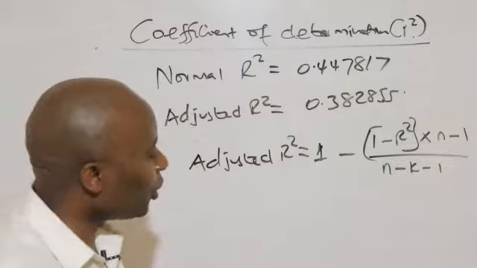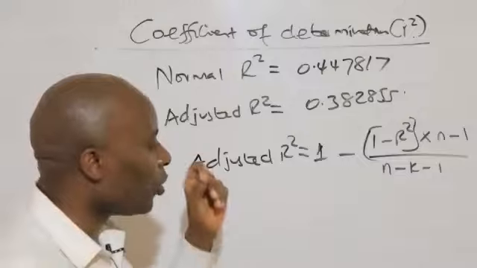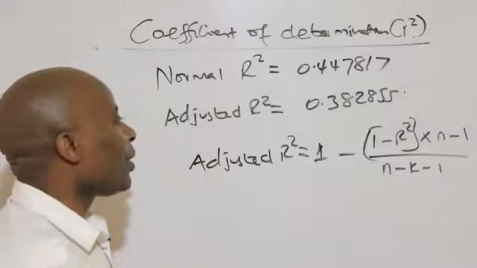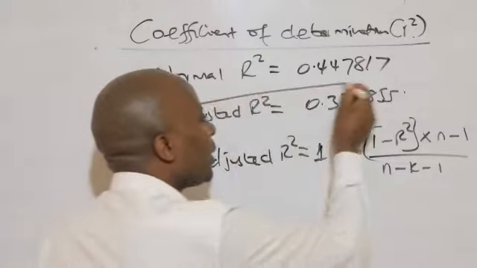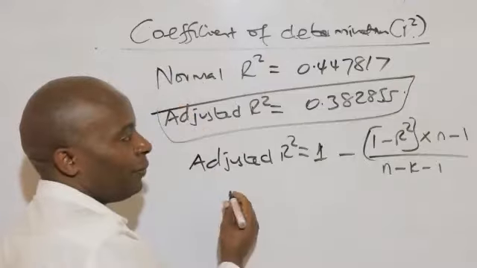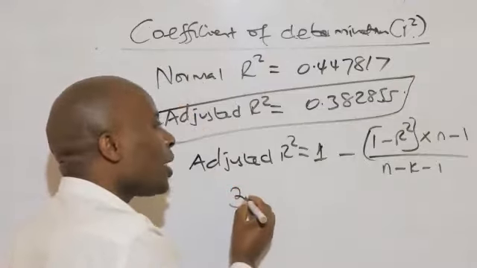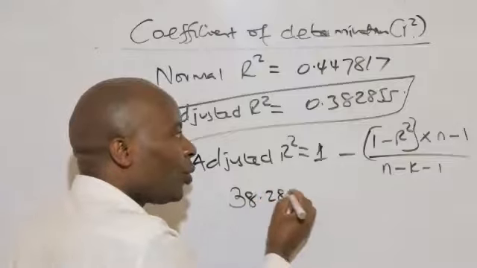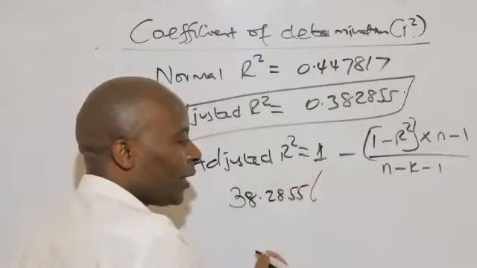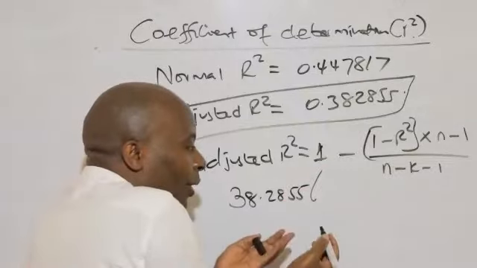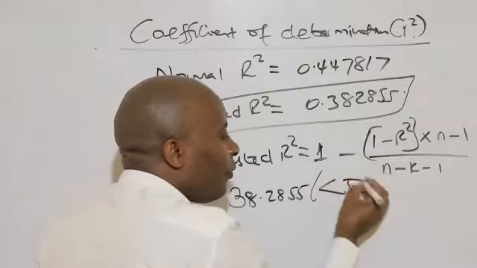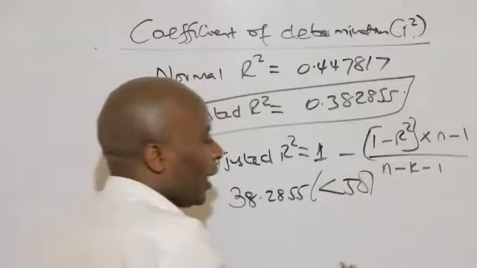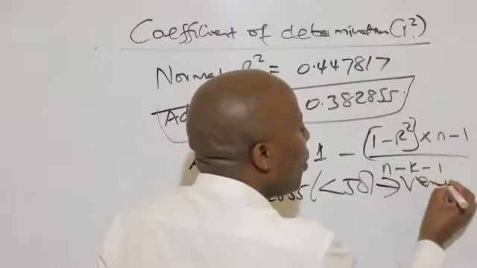We always make use of the adjusted R squared, which is the effective one. And this adjusted R squared translates to 38.2855%, which is less than 50%, meaning that this is a very poor model.